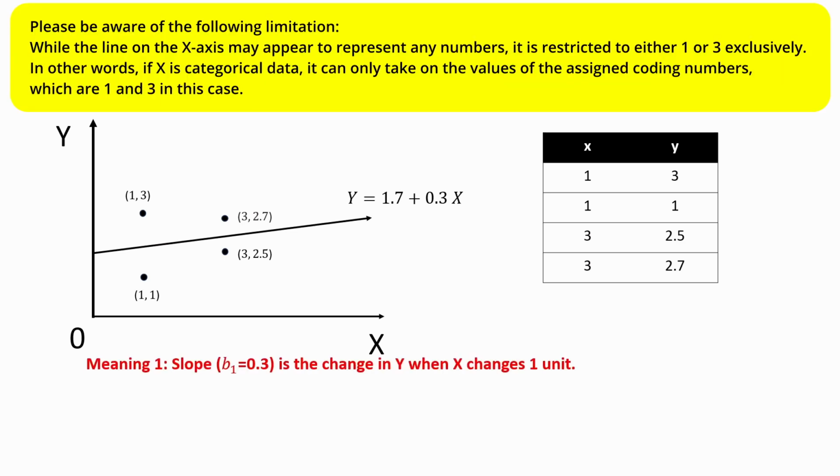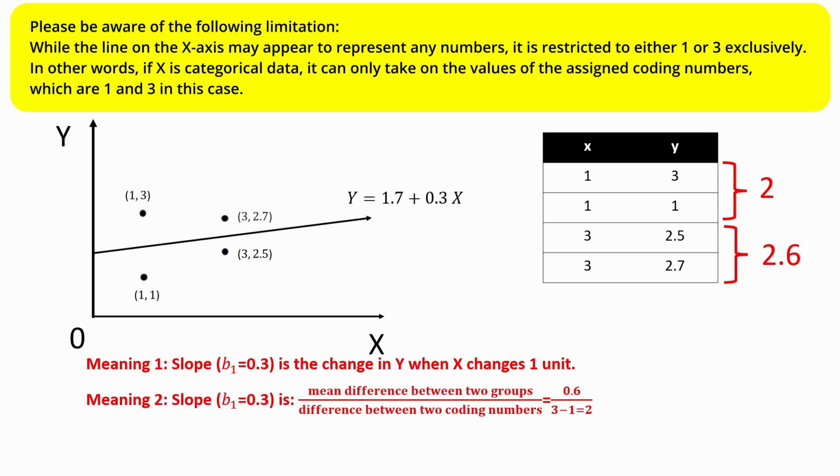Following the logic we just had earlier, the slope is 0.3, which is the change of y when x changes 1 unit. And if you calculate the means, again, the means are 2 and 2.6. So you can see that the slope is 0.6 divided by 3 minus 1, which is 2.